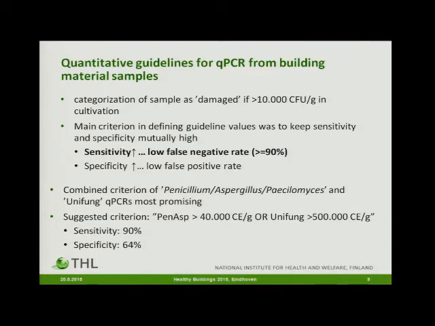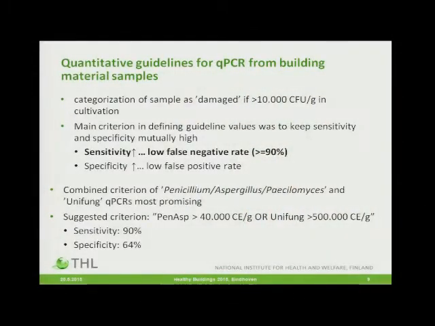The criterion that we're probably going to suggest is, if you have in your building material sample either PENASP exceeding 40,000 cell equivalents per gram or total fungi exceeding 500,000, then your sample is likely to be damaged. That gives us a sensitivity of 90%, meaning 10% of samples show up in cultivation, but we don't get them with qPCR for different reasons.